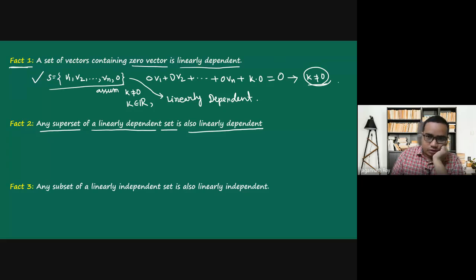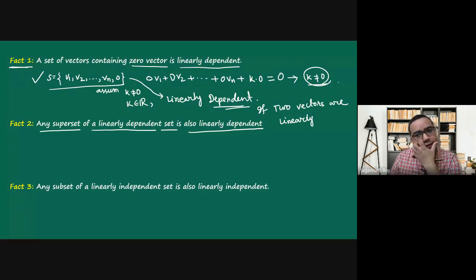The meaning of a linearly dependent set of two vectors is that if two vectors are linearly dependent, then one is a multiple of the other vector.